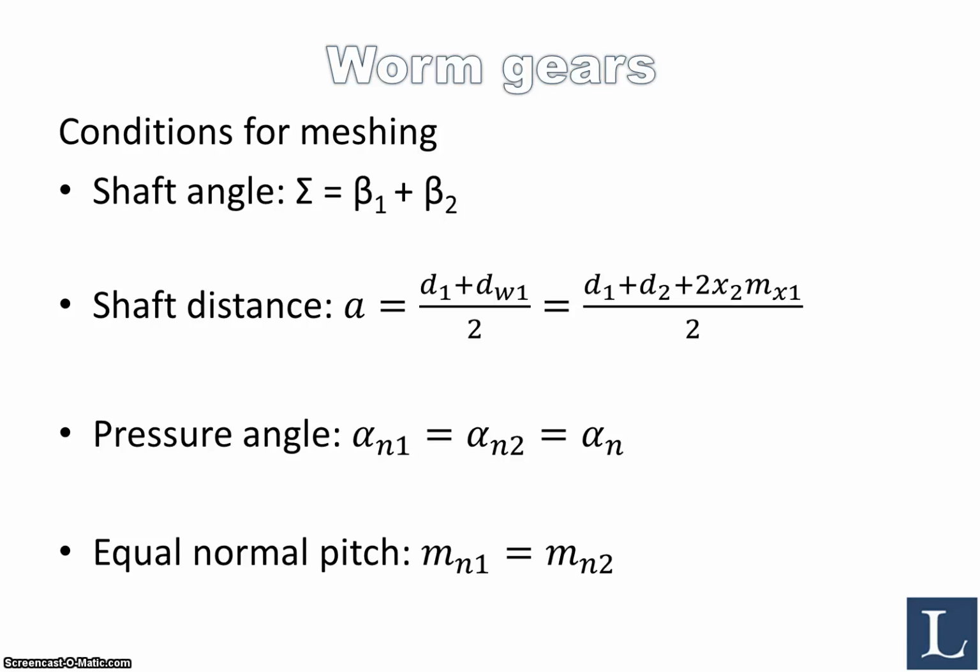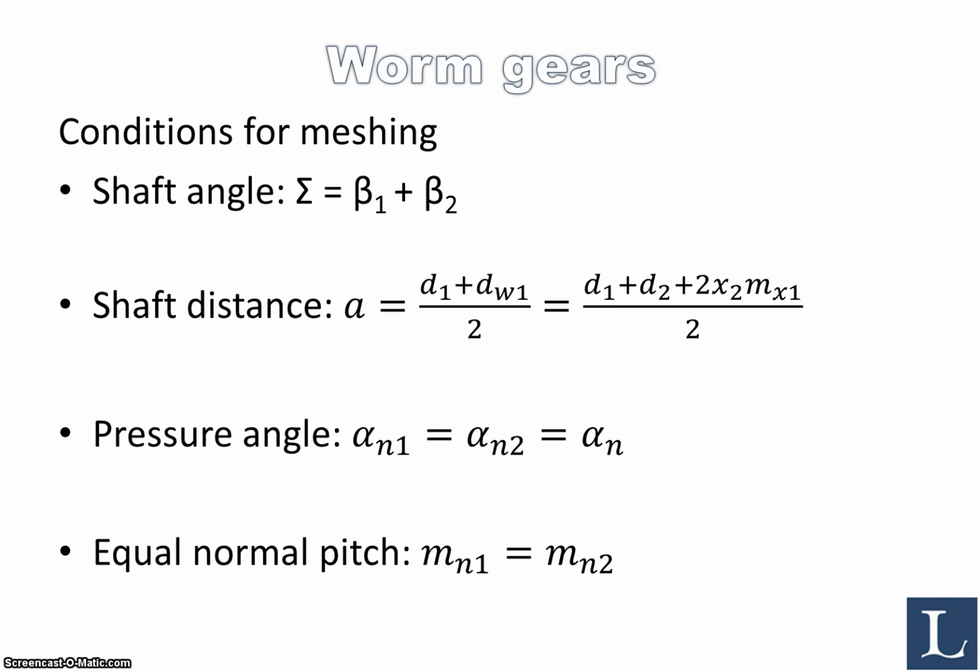When it comes to meshing of these gears, these are the 4 conditions that need to be met for meshing to occur correctly. You have to have the sum of beta 1 and beta 2 equal to the shaft angle S. We have the shaft distance A, which needs to be d1 plus dw1 over 2.